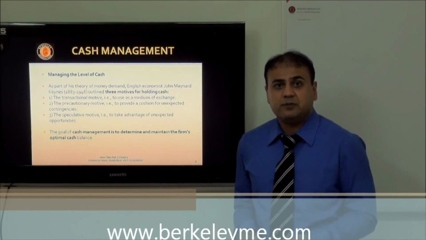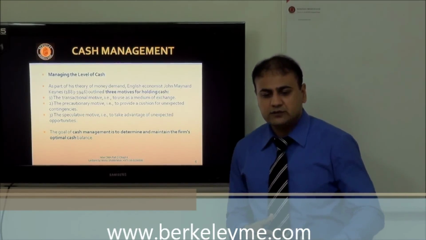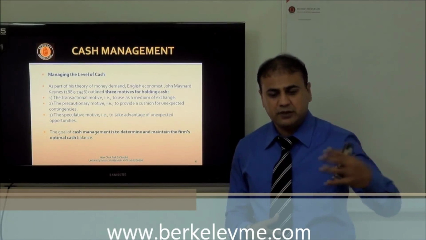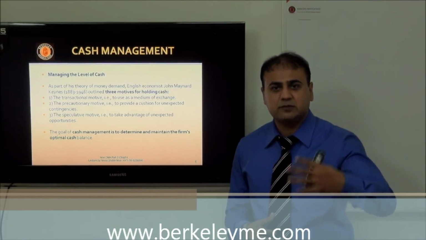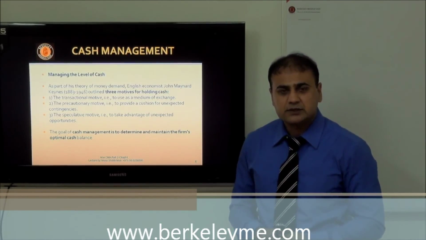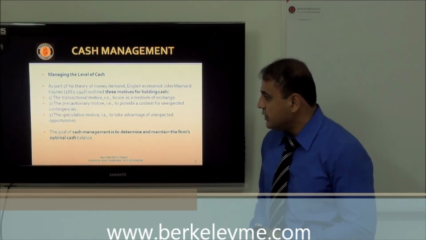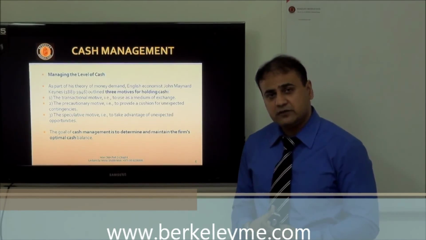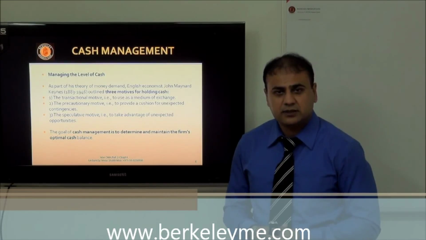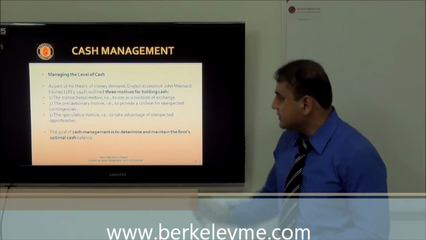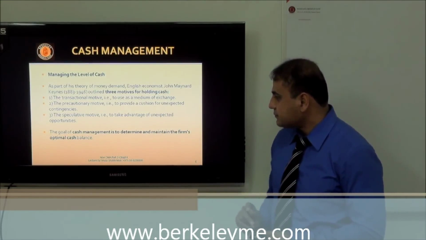So we have to be very precautionary, for when the kids grow up, where the money will be invested and where it will be kept for them. This is all precautionary measures for cash. And then we have a speculative motive, which is based on a short-term desire to get the highest return on the money. So these are the three motives.